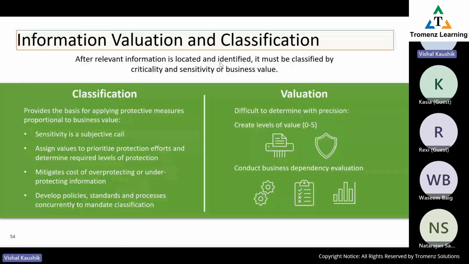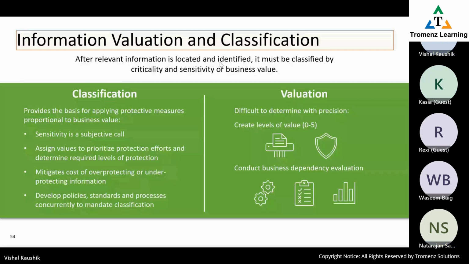If you look at the right column talking about valuation, valuation of information is difficult to do with precision. But for some information, it can be the cost of creating or replacing it. In other cases, for instance, information in the form of knowledge or trade secrets is difficult or impossible to replace.